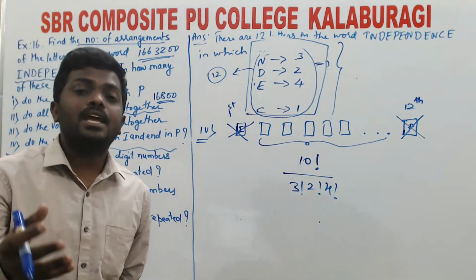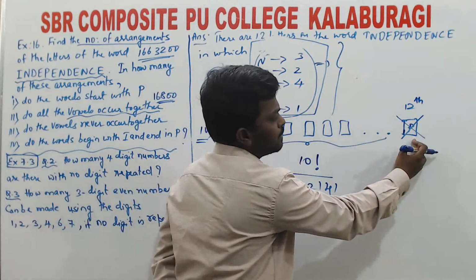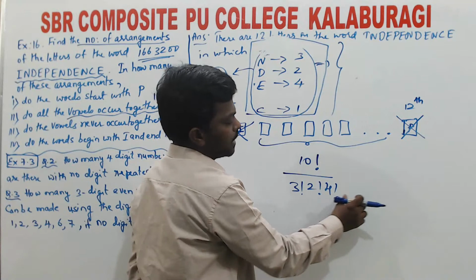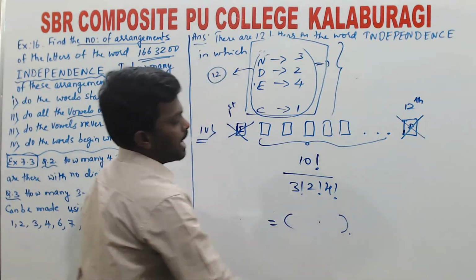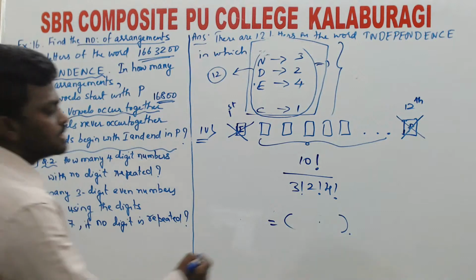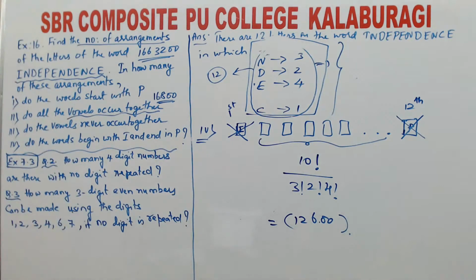The number of arrangements of the words which start with I and end with P is 10 factorial divided by 3 factorial into 2 factorial into 4 factorial. Simplifying, the answer will be 12600. Is that clear? This is regarding example 16.